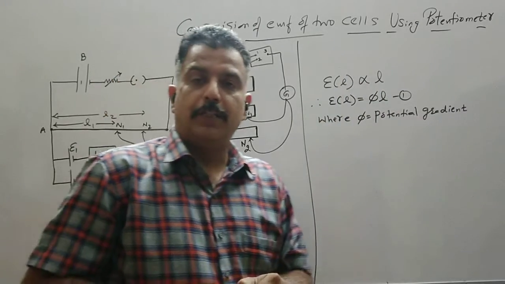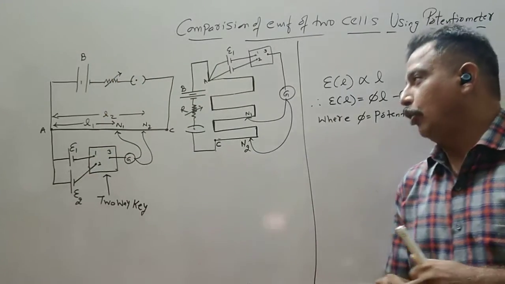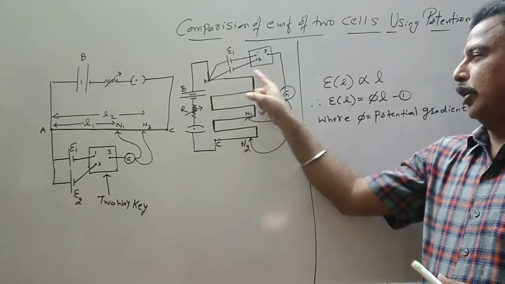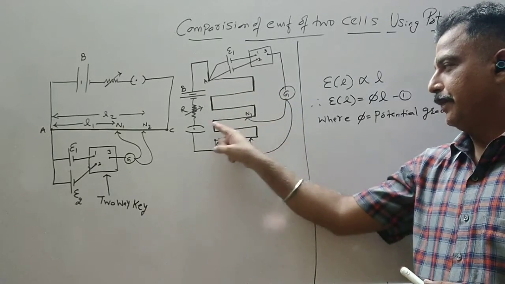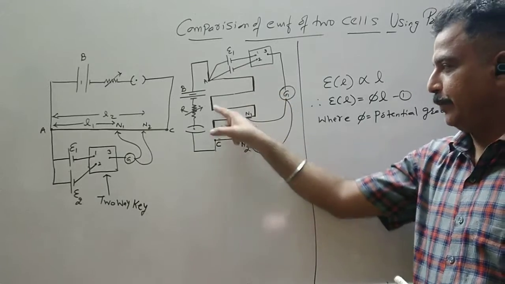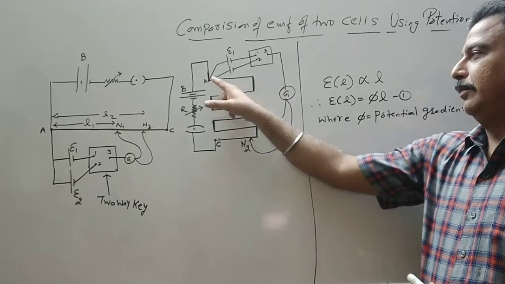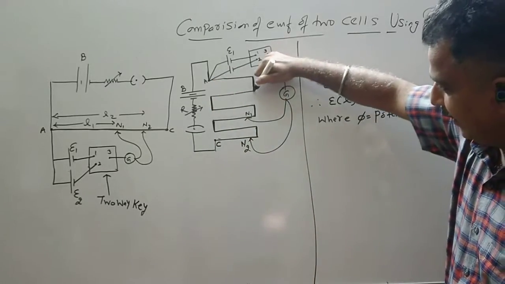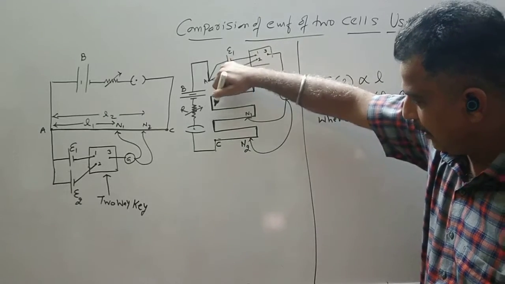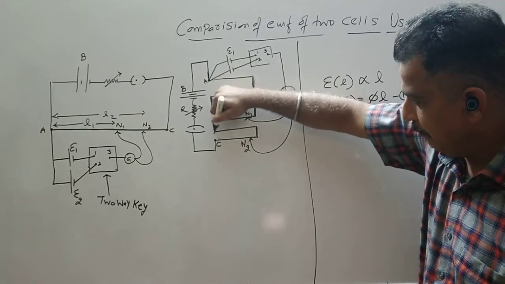So the potentiometer consists of a very long wire which was shown like this. These were the metallic strips between point A and C. So these are the metallic strips because the wire is several meters long.